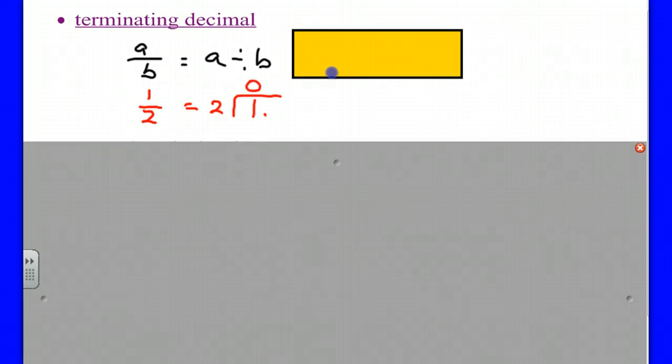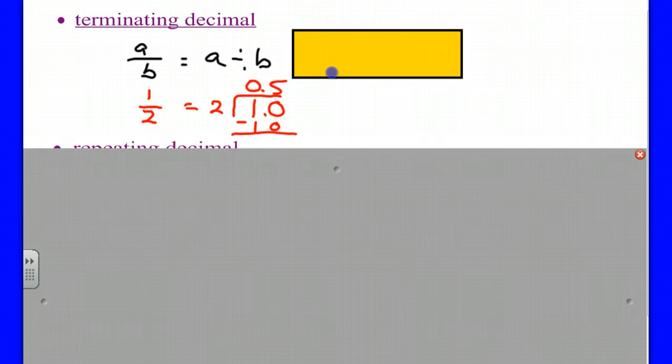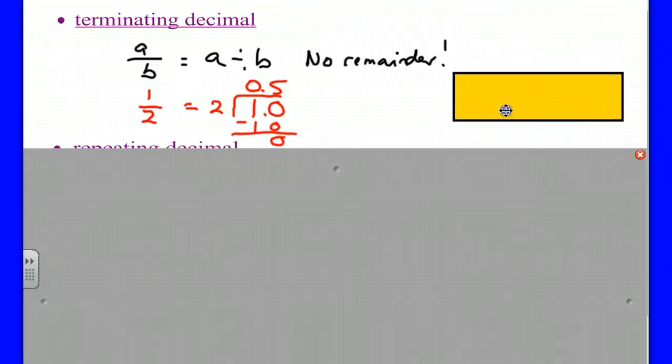So what do we do? We put the decimal and we drop a 0, right? So can 2 go into 10? Yes. How many times? 5 times. So 2 times 5 is 10, and we find out 10 minus 10 is 0, right? So there is no remainder. With a terminating decimal, we have a number like 0.5, and there is no remainder.